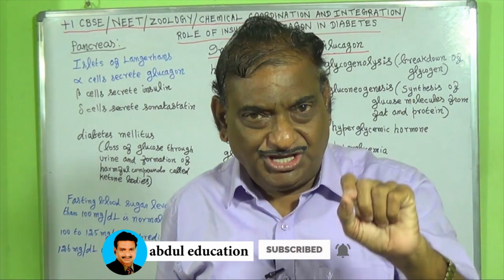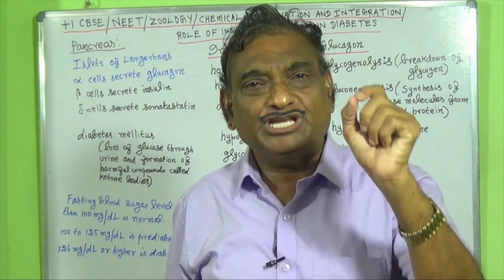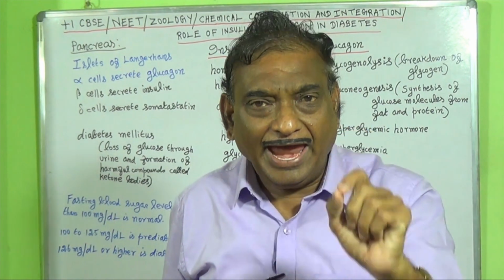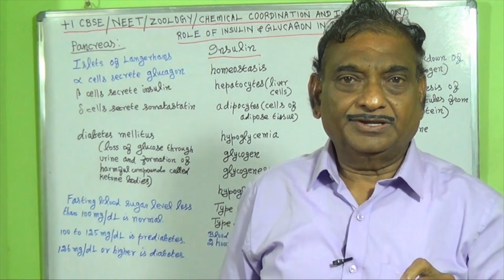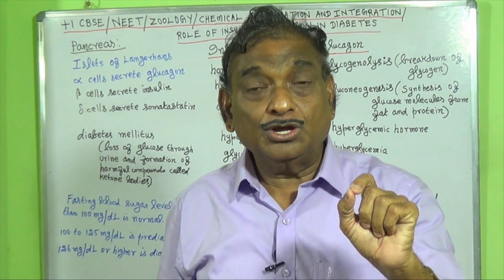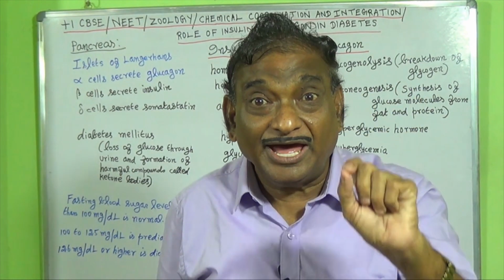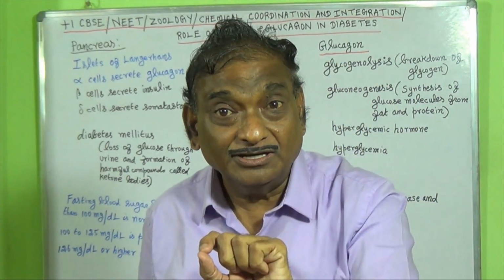Now let us see what is the normal glucose level during fasting and 2 hours after eating. The fasting glucose level less than 100 milligram per deciliter is normal.